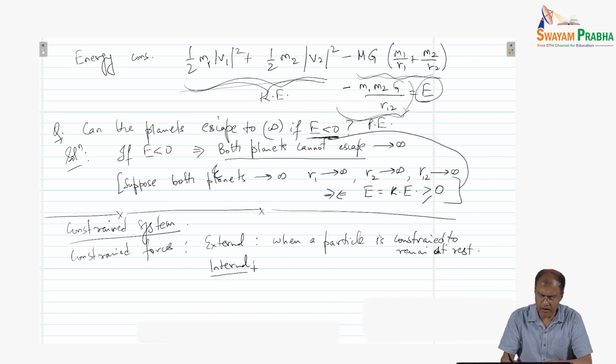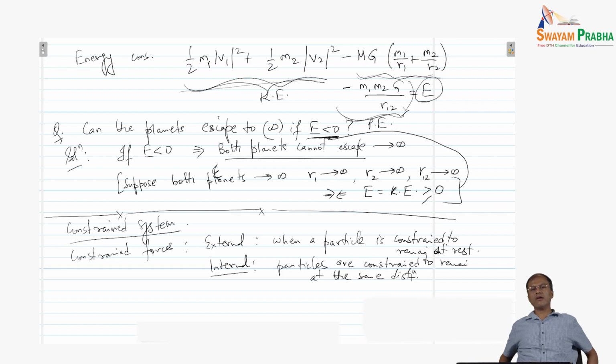And then internal constraint forces could be when the particles are constrained to remain at the same distance. Let's say two particles are tied together by a rod, and the rod allows us to keep the two particles together.